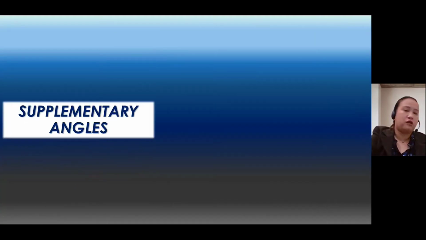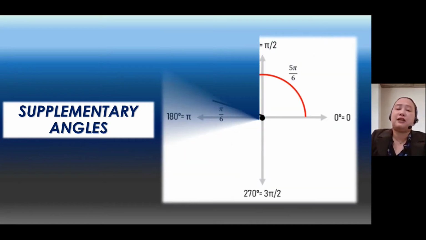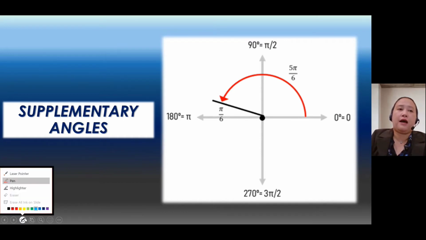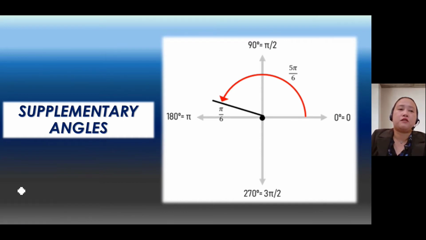So on the next portion, if we have complementary, we also have supplementary. Remember that in degrees, when we say supplementary, just a review: if we have alpha and beta, the sum should be 180 degrees.